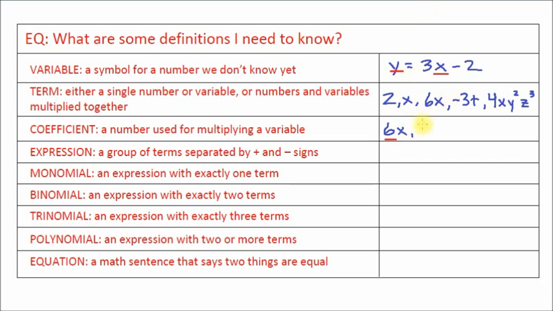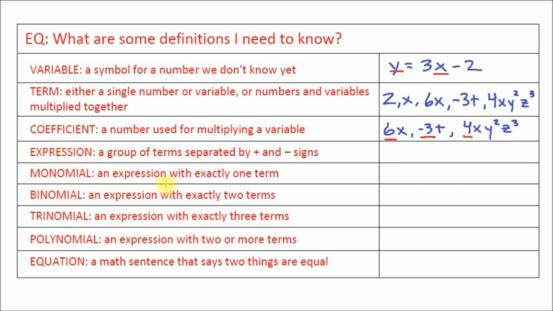If I wrote the one up here, negative 3t, you would see that the coefficient is the number that the variable is being multiplied by, so negative 3. And in our crazy example here of 4xy squared z cubed, the coefficient on this whole thing is the 4. Now you don't have to have the number in the front, but typically that's the correct way to write it mathematically. So in this case the 4 is the coefficient.